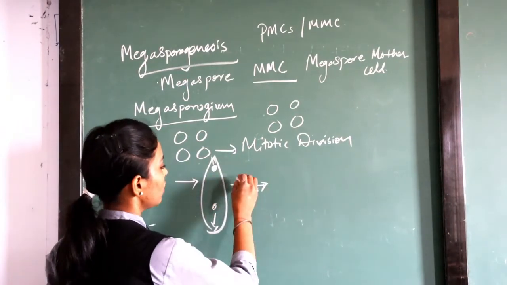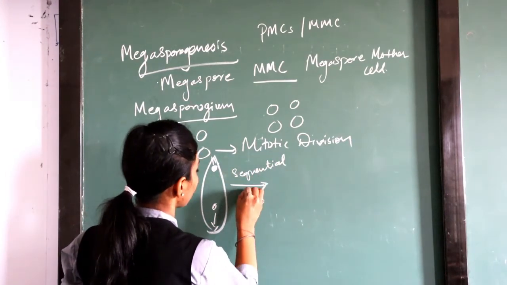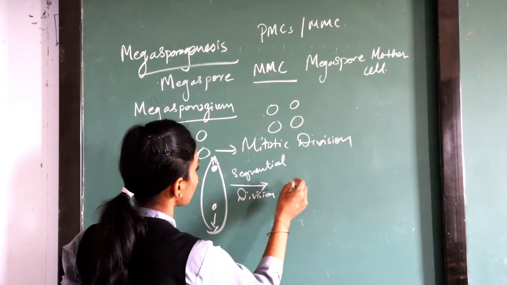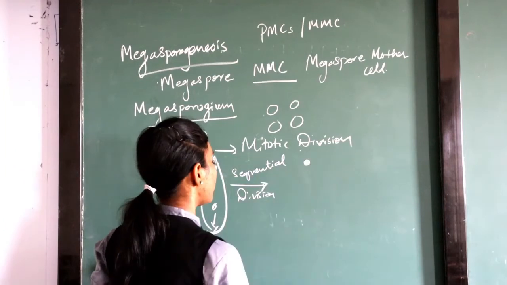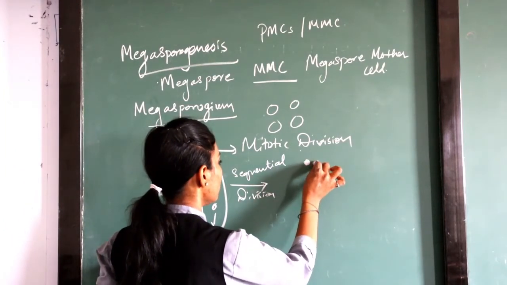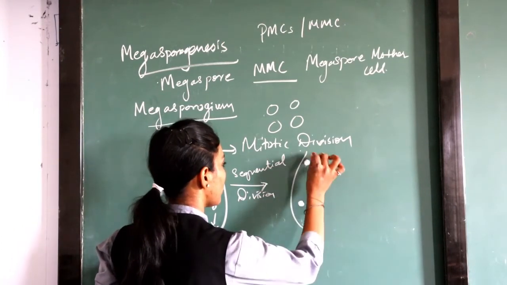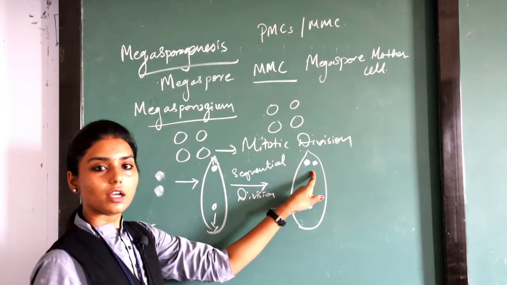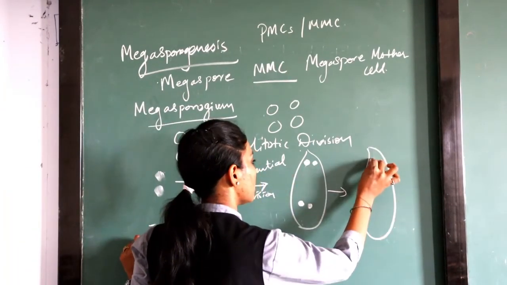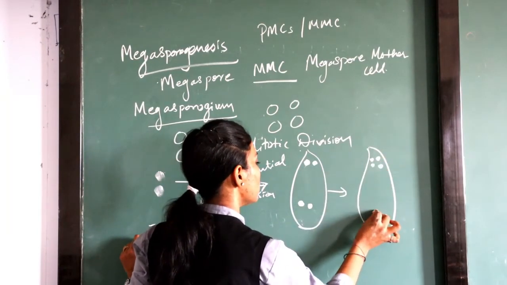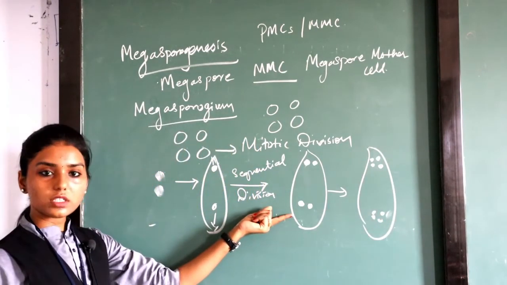Again they undergo sequential division, and this is how the division occurs.